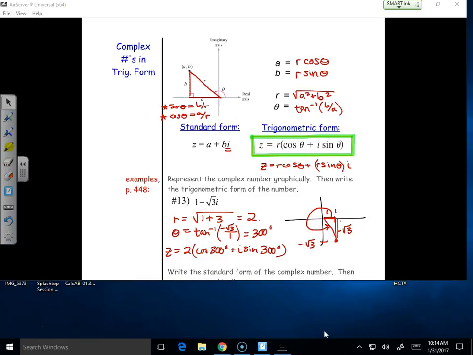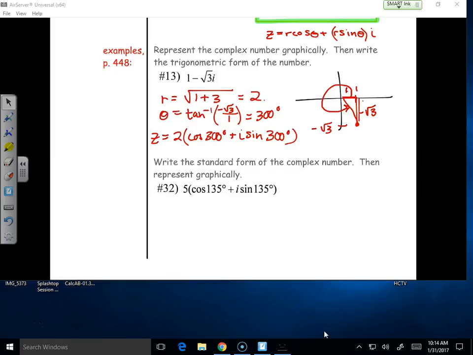Like if a number were root 3 times 2, you'd write it 2 root 3. Trig form, done. So we can go from standard form to trig form, but we can also go backwards.